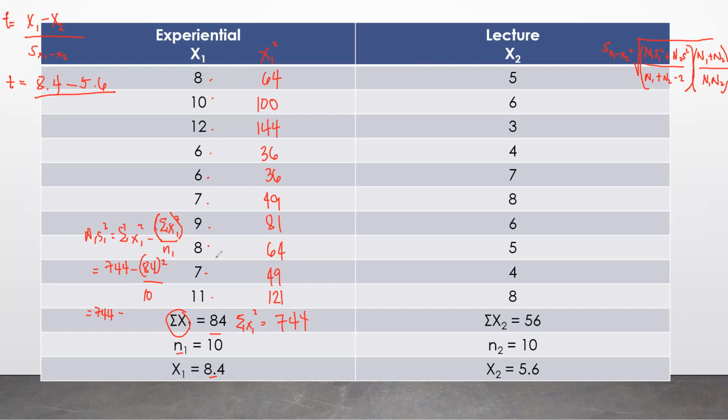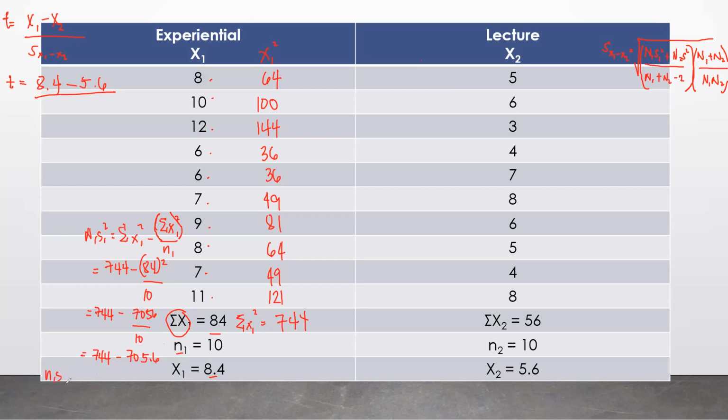84 squared is 7,056 divided by 10. So, syempre, PEMDAS. Unahin muna natin yung division. 7,056 divided by 10 is 705.6.